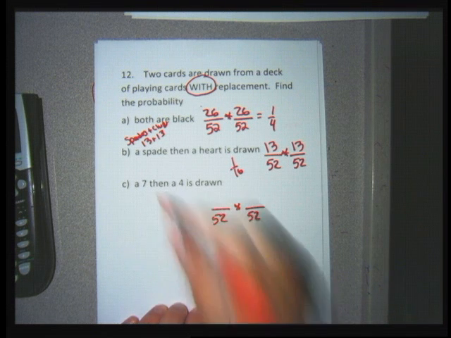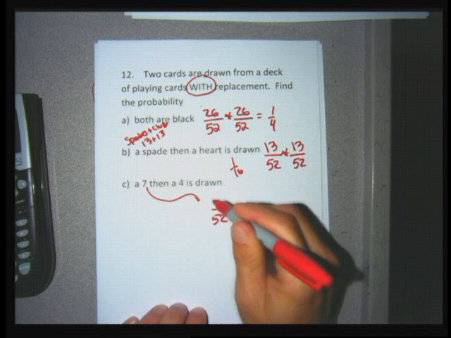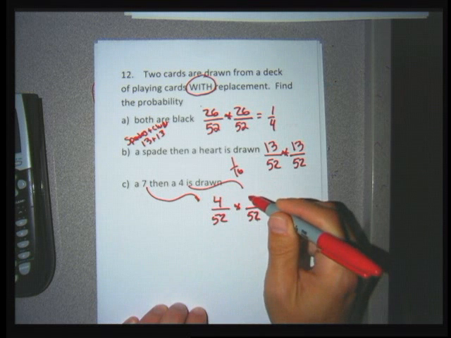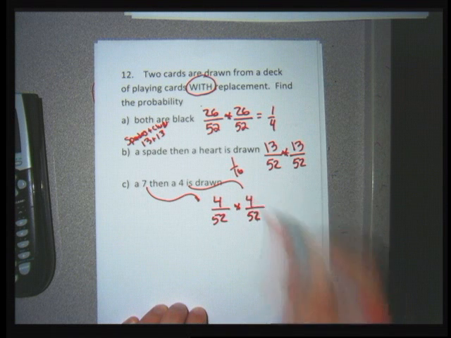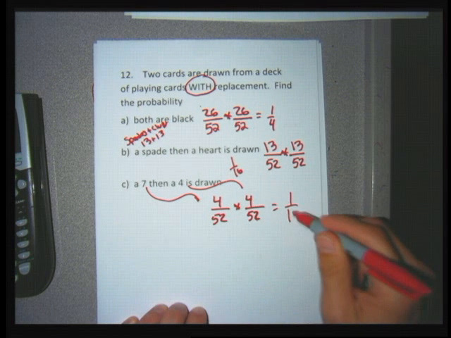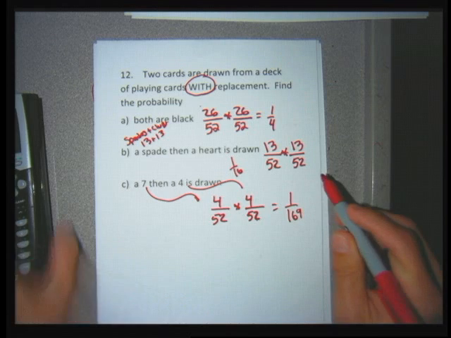First problem, the first fraction is getting a 7. There's 4 sevens in a deck of cards, 7 of hearts, spades, clubs, and diamonds. The second numerator is the number of 4s in the deck of cards, and there's 4 4s. And when I multiply these together and reduce it, I'm going to get 1 over 169.